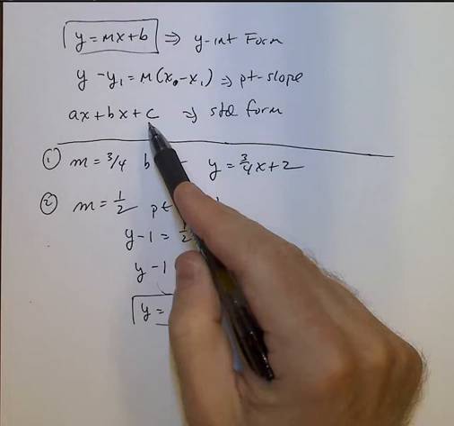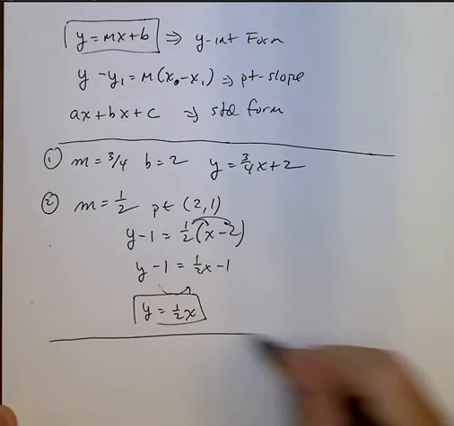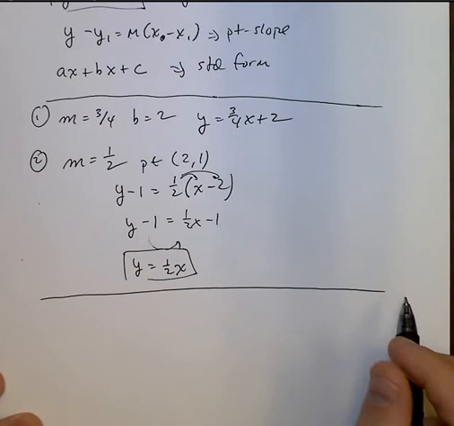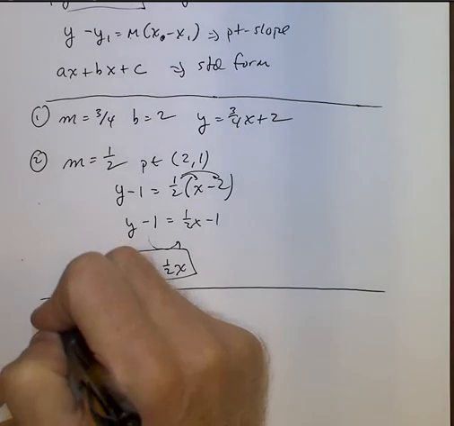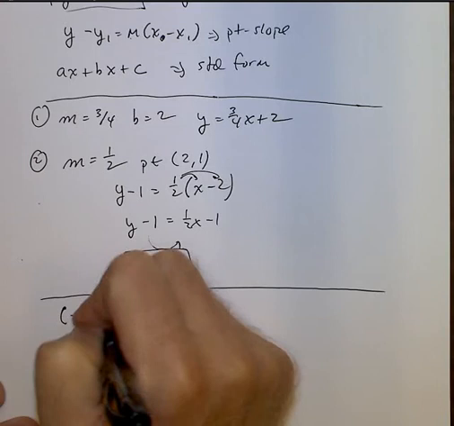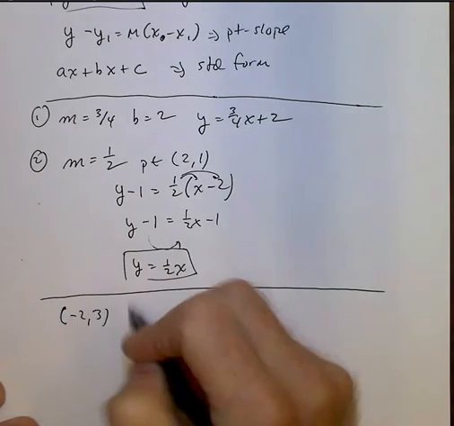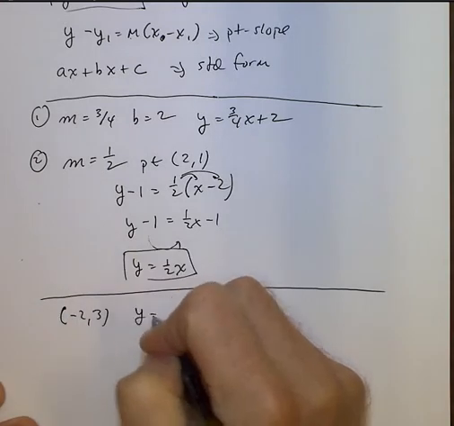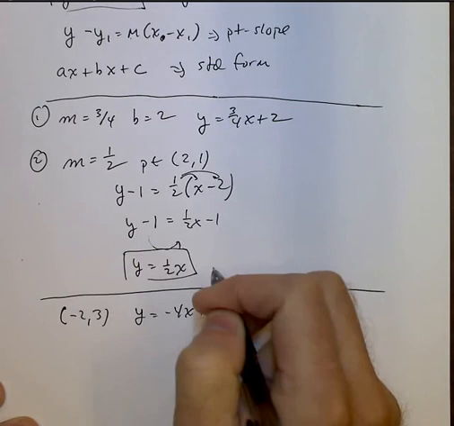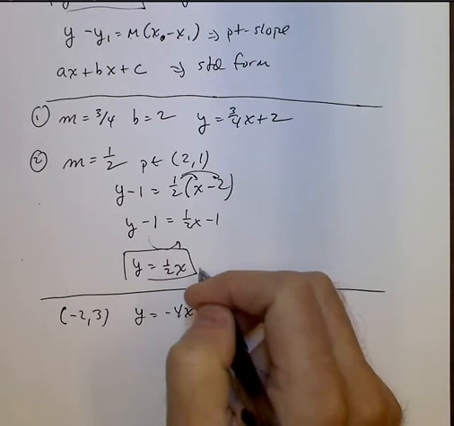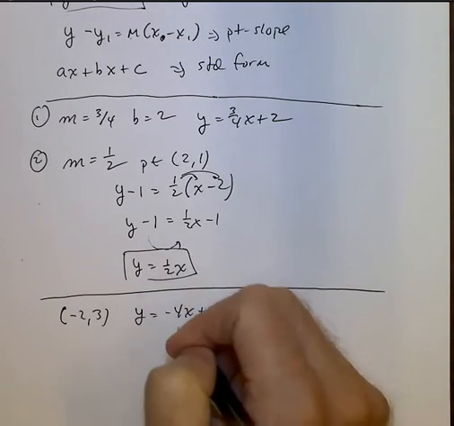All right, now here's another type of problem. It gets a little bit trickier. If I said I have a point, negative 2, 3, and I give you this line, and I want you to give me the equation of a line that's parallel to this line, but through this point.